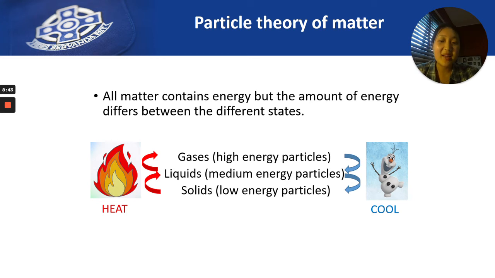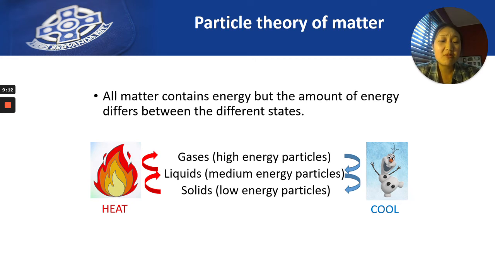If we add heat energy, the particles are going to gain energy. So if we heat up a solid, it'll gain energy and become liquid. If we keep on adding heat energy, the liquid will become gas because the particles gain more energy. Likewise, when we cool things down, when we decrease the temperature or heat energy, the particles will lose energy.